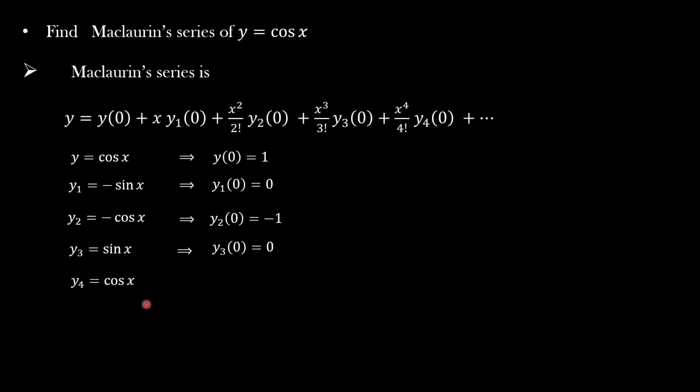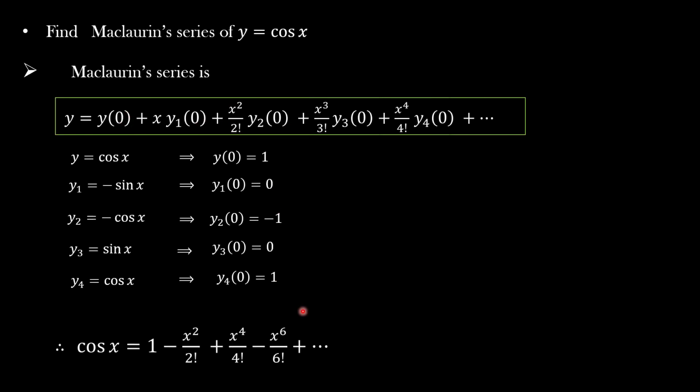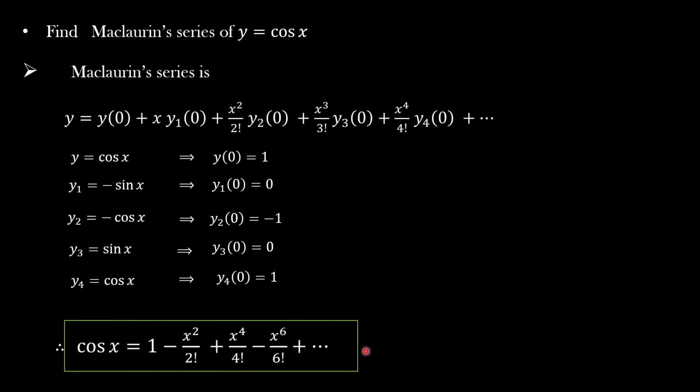So y4 is cos x, which implies y4 of 0 is 1. By substituting y of 0, y1 of 0, y2 of 0, y3 of 0 and y4 of 0 in the above Maclaurin series, we will get cos x is equal to 1 minus x square by 2 factorial plus x to the power 4 by 4 factorial and so on.